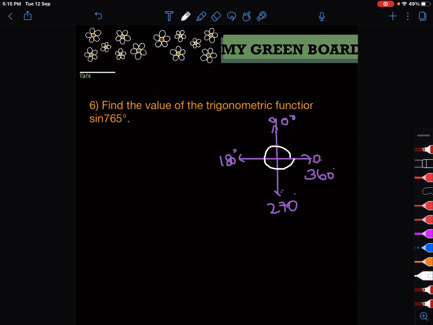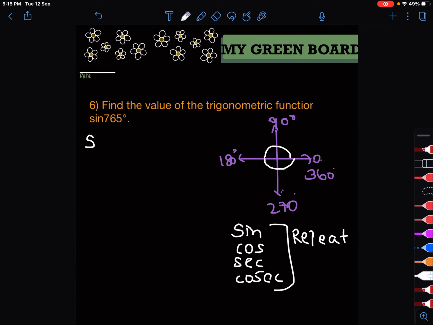We very well know that sine, cos, secant and cosec, these are the four trigonometric identities which will repeat after 360 degrees, or we can say it repeats after 2 pi. Other than this, the tan and cot would repeat after pi or 180.